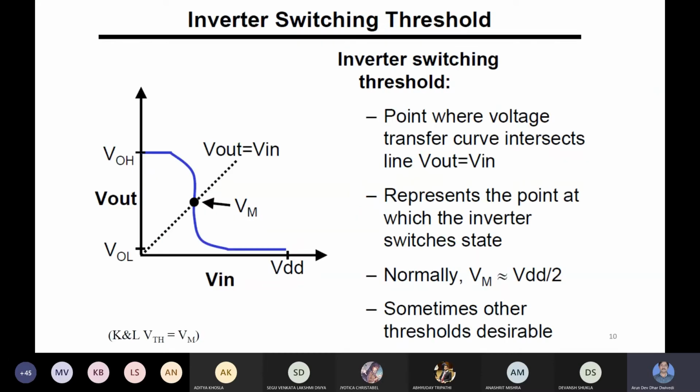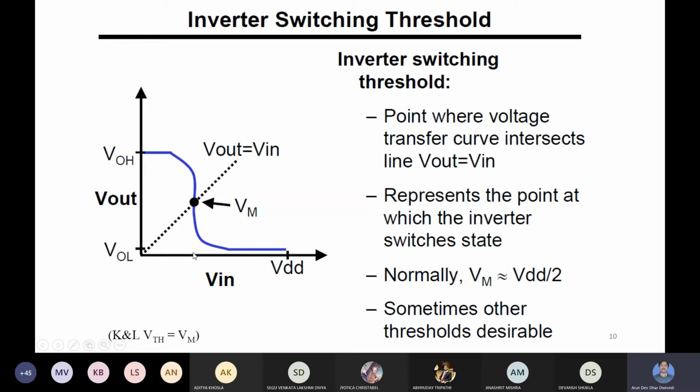And another important point is the switching threshold, which is called VM or sometimes VTH. If you plot the Vout equal to Vin line, wherever it is cutting may be the midpoint. VOH is VDD, then this point will be in the middle of that. From here you drop the perpendicular on the x-axis.